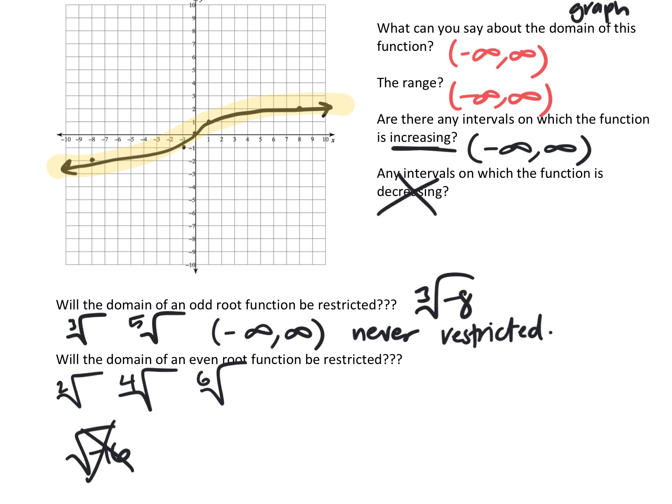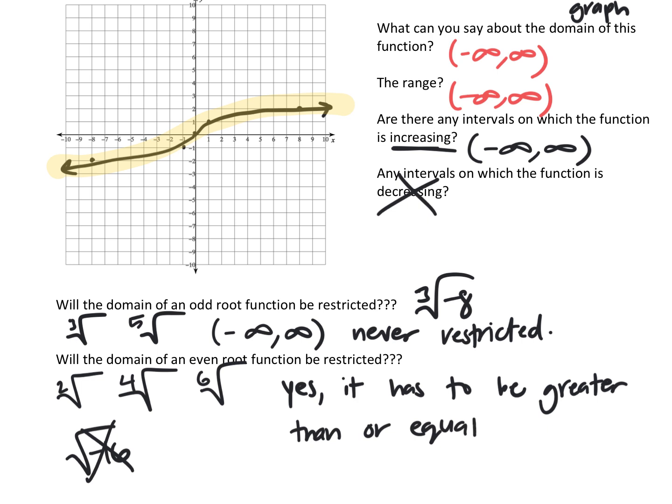So there is a restriction, yes. It has to be greater than or equal to 0. Okay?